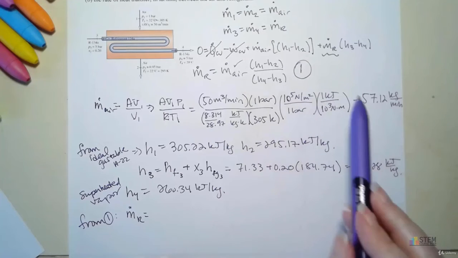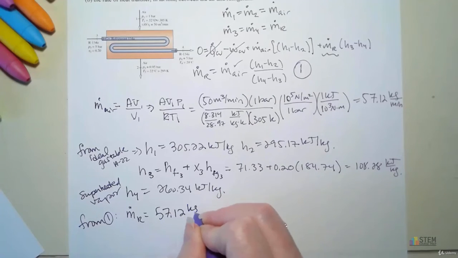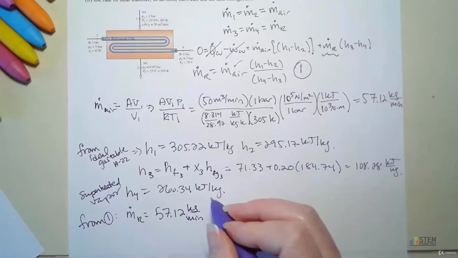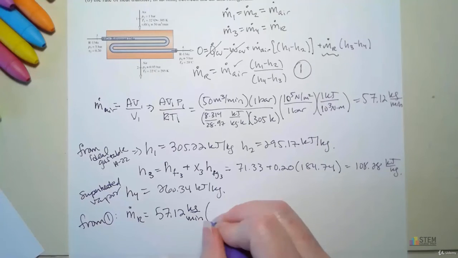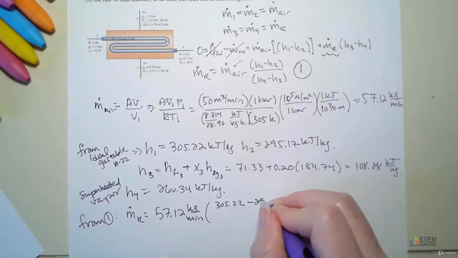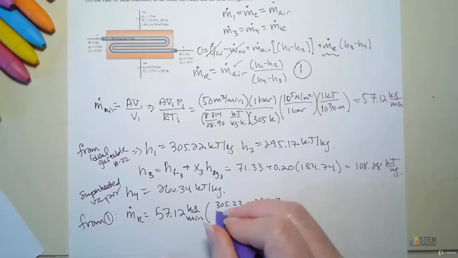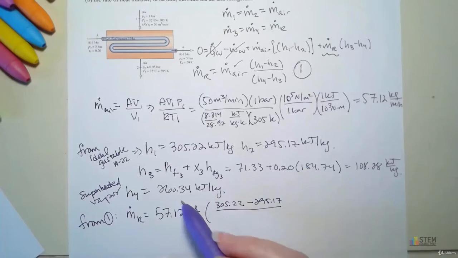We need M air dot, that was the 57.12. It's kilogram per minute. And then put all your enthalpy values in here. So at 305.22 minus 295.17, put that over the H4, so 260.34.